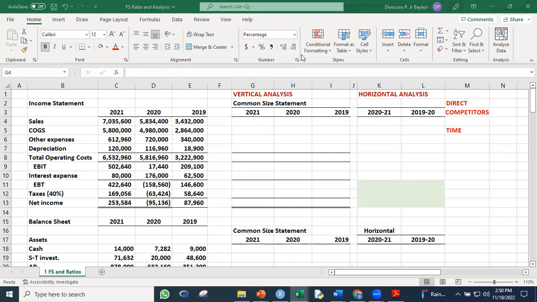When I say formula, class, I mean the formula in your cell. Put the formula here in G4. What formula are you going to put in G4?